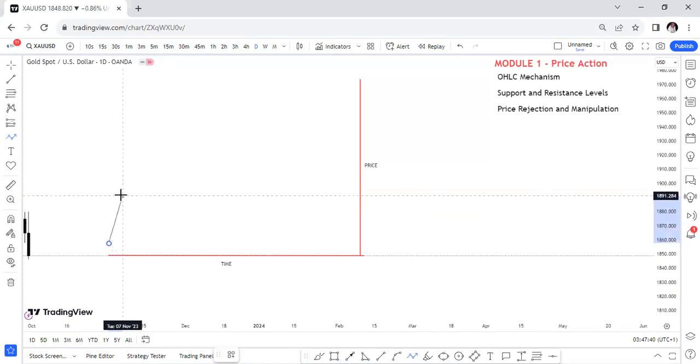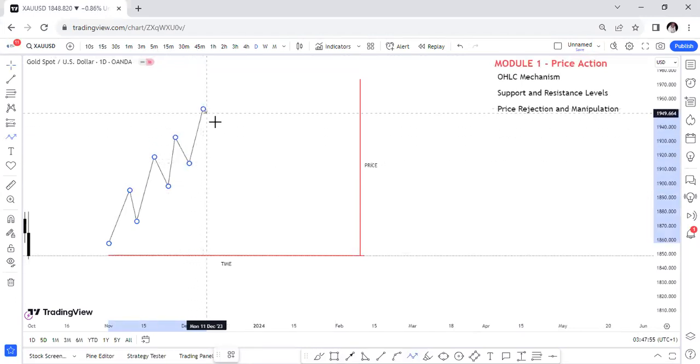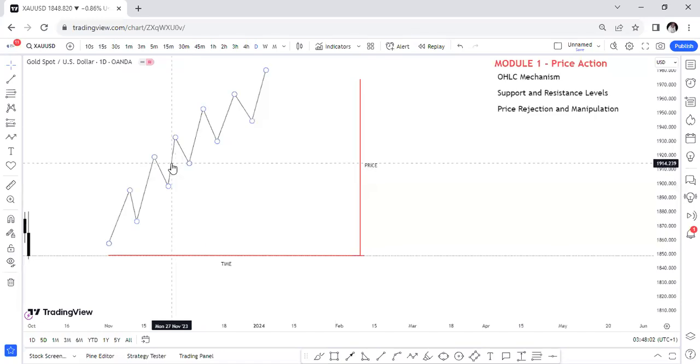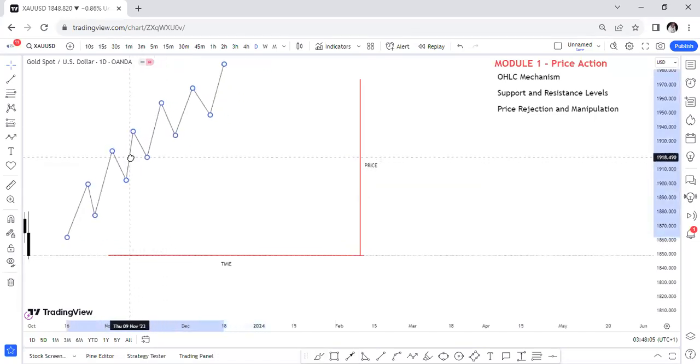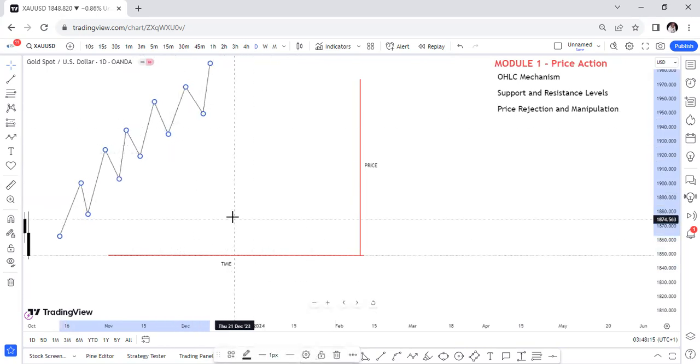Demand is when buyers exceed the number of sellers in the market, moving up and up along the price time chart. That is the demand for buying, pulling upward.